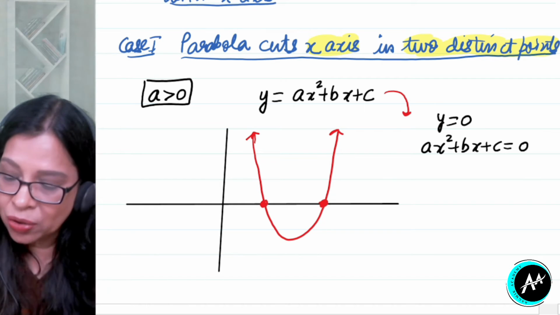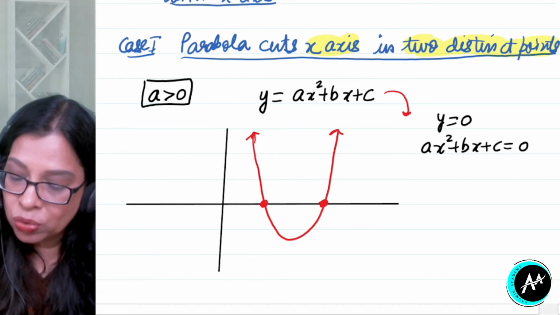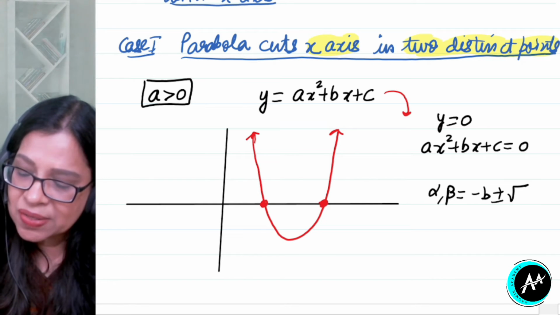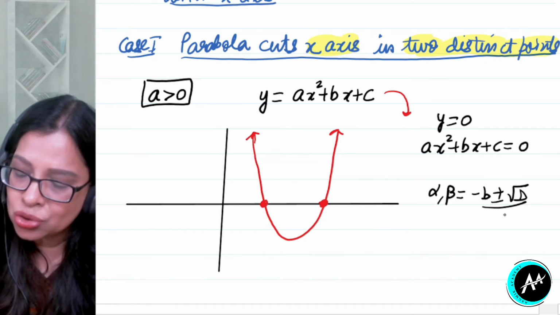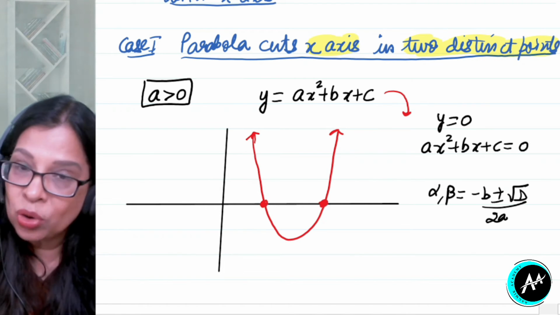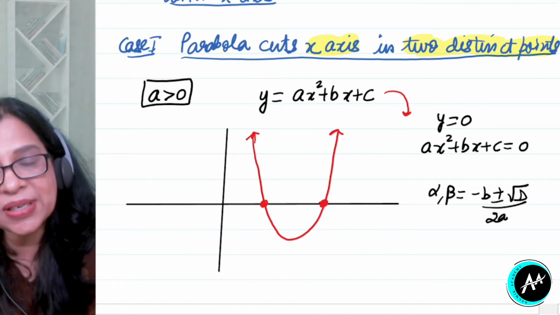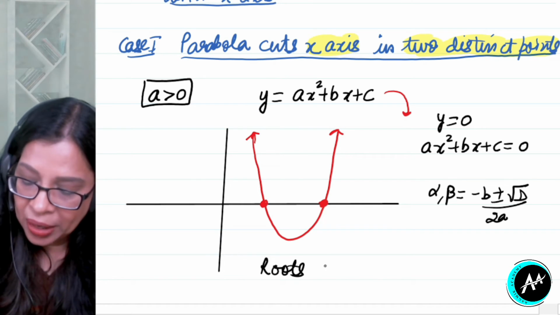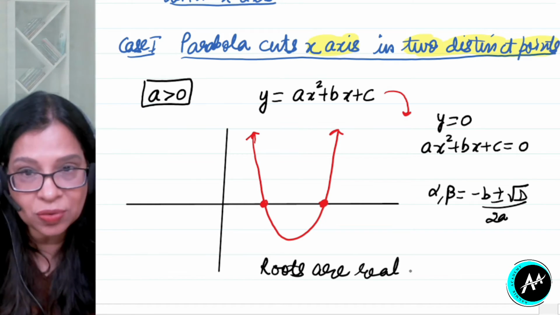So what were the values of x? We can denote the roots by alpha, beta. You know they were minus b plus minus under root of d upon 2a. So when do we get two distinct roots? Because the parabola is cutting the x-axis in two distinct points, that means in this case the roots are real and distinct. Alright.